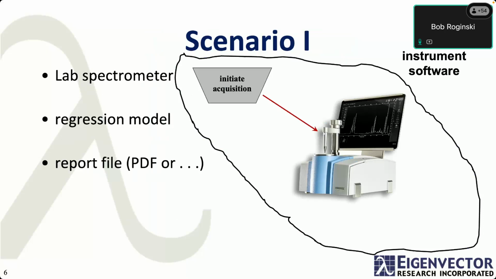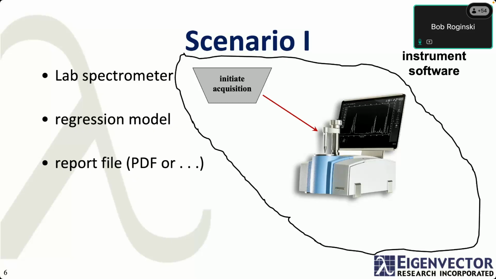Well, a lot of this is already covered by instrument software to varying degrees. That's where you set up your method. You set up your acquisition parameters, and then you can define your area measurement. A lot of instrument companies have implemented some level of more advanced models, so perhaps MLR, where you might be looking at multiple peak areas, or PCR or PLS.